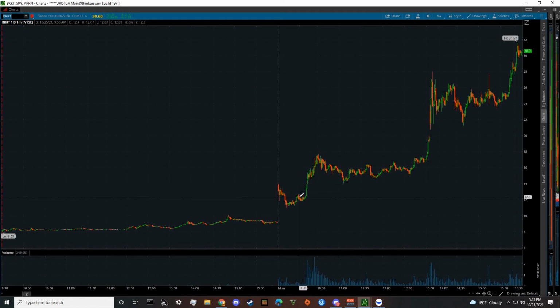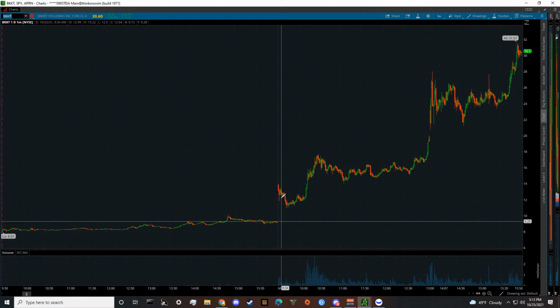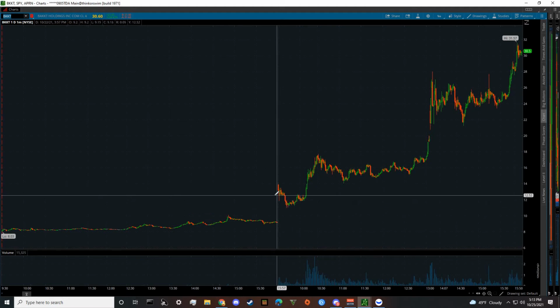So it would have been right here. So you see you've got a massive gap up. Right, you draw a trend line, you've got a support and resistance line pretty clear here at the 1260 mark.